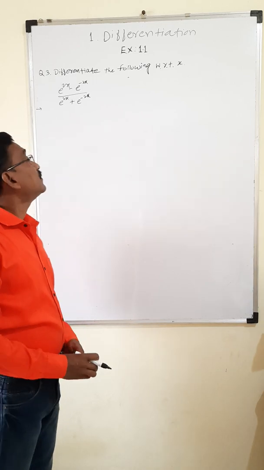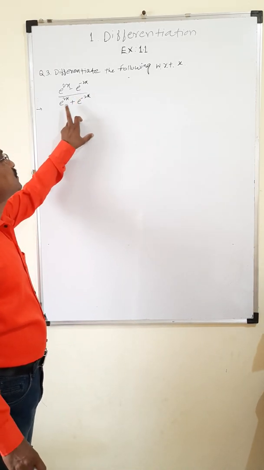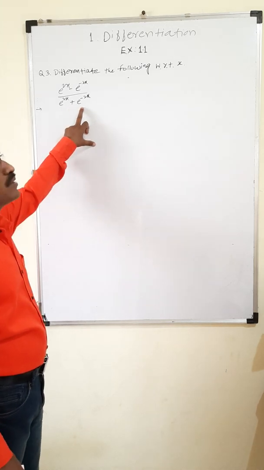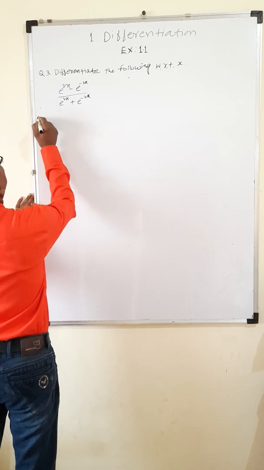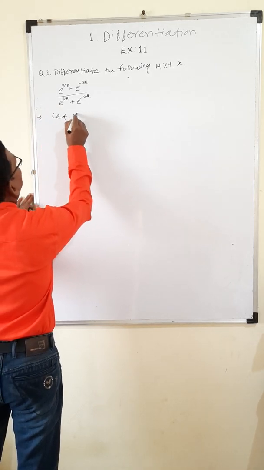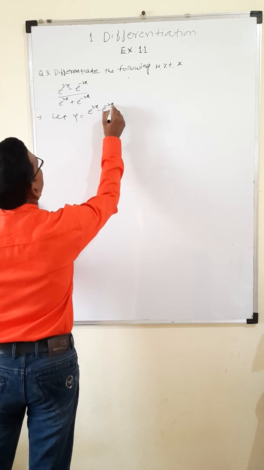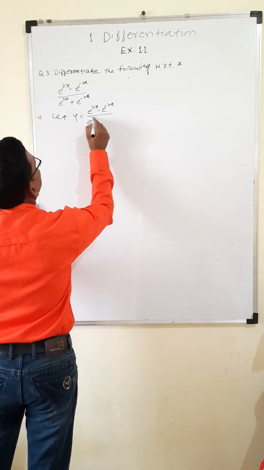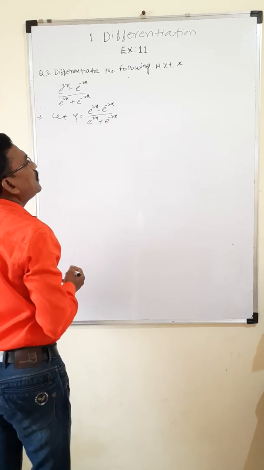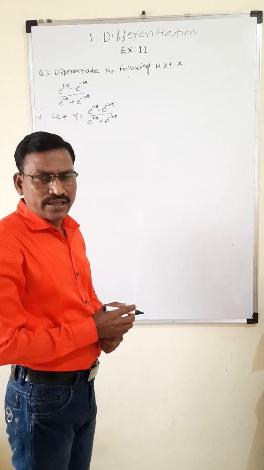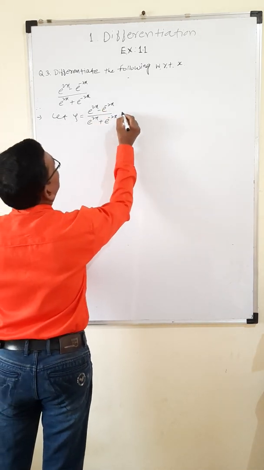Now we take the next example, e raised to 2x minus e raised to minus 2x upon e raised to 2x plus e raised to minus 2x. Let y equal to e raised to 2x minus e raised to minus 2x upon e raised to 2x plus e raised to minus 2x. Here first of all we simplify these two functions.